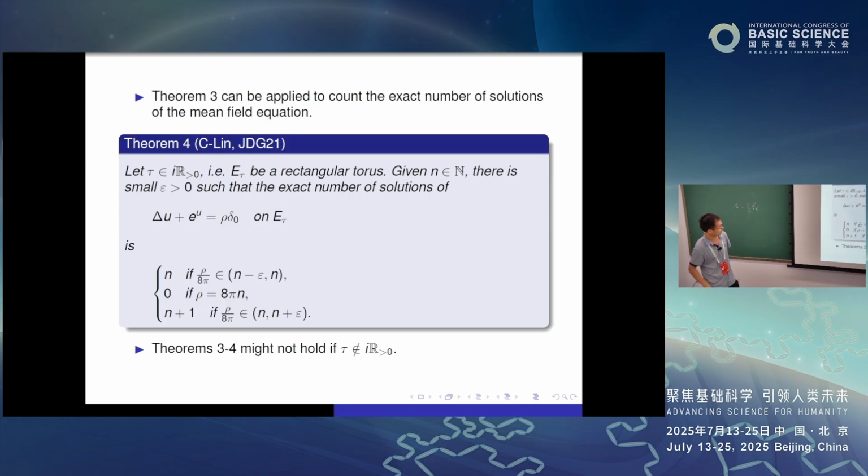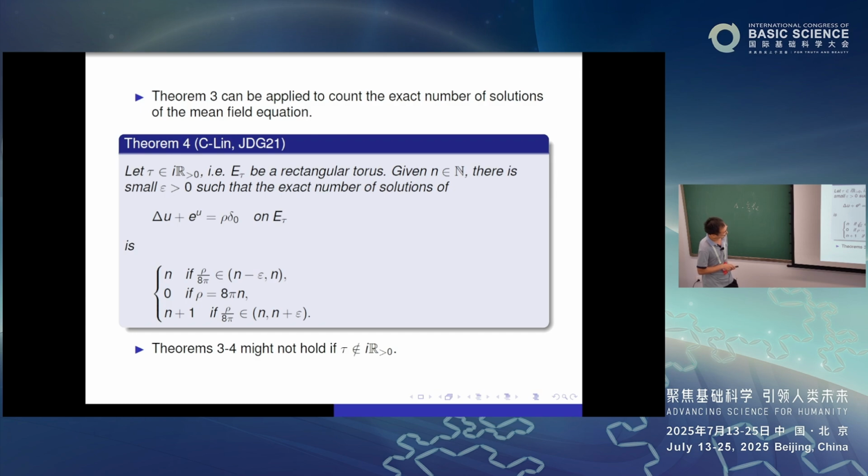Here we give an example where our previous theory can be applied to count the exact number of solutions. Still consider purely imaginary tau, that is, E_tau is a flat rectangular torus. Then given an integer n, we can prove that if rho is 8 pi times n, then this equation has no solution. This result we already introduced before. But if rho is in this small neighborhood, then the solution number is n.